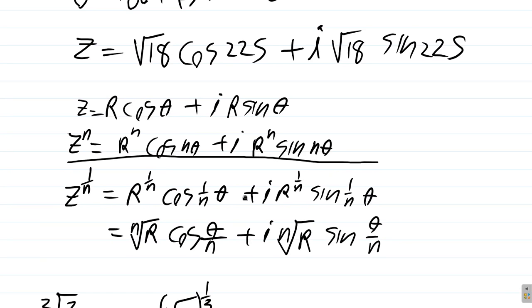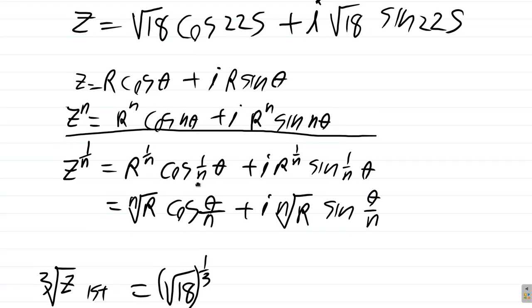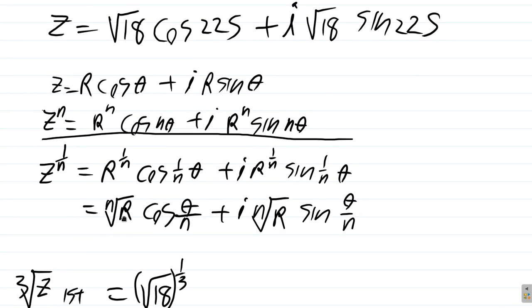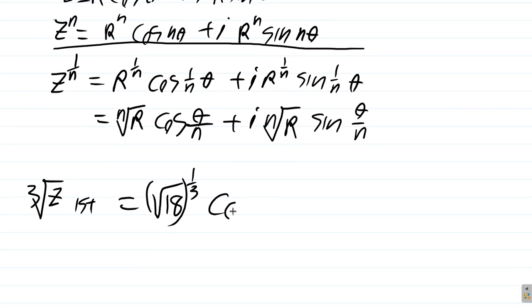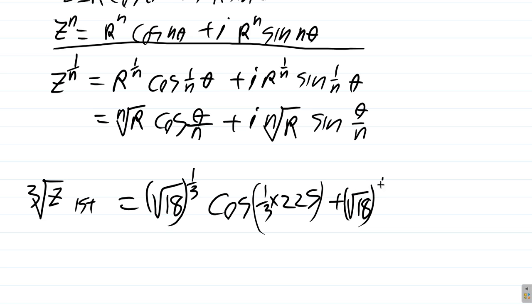You can find the square root of 18, and you get the number, and then the cube root of that number, or that number to the 1/3 if you want, no problem. Cos 1/3 of 225, right? 1/3 by 225 plus square root of 18 to the 1/3 i.